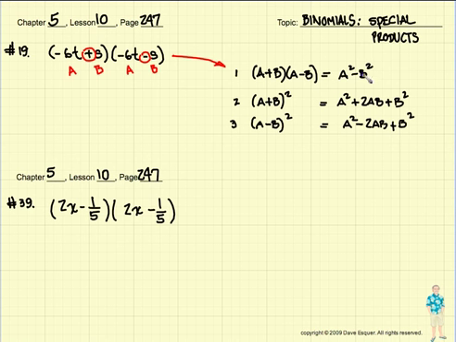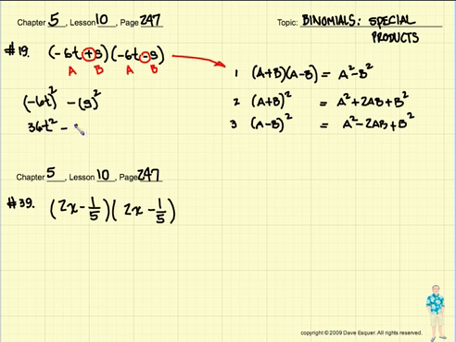So this tells us to square the first term, so that's minus 6t, and we're going to square it. And it says put a minus sign, and it says now take the second term and square it as well, which means take that s and square it. So don't forget, minus 6t times minus 6t is 36t squared.